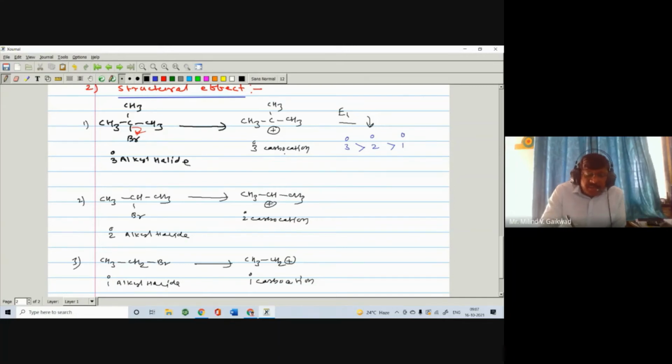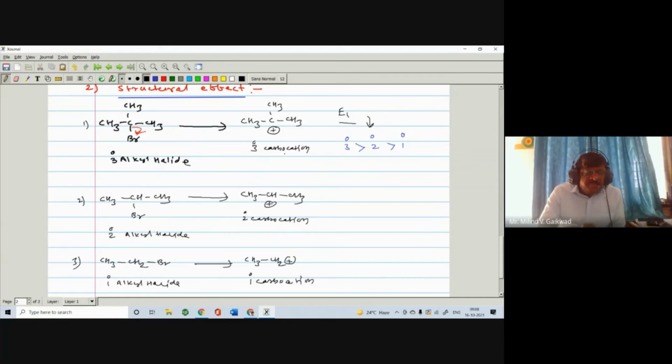That is called Wagner-Meerwein rearrangement reaction. It further gives an unexpected product as we get by the E2 or E1 mechanism.